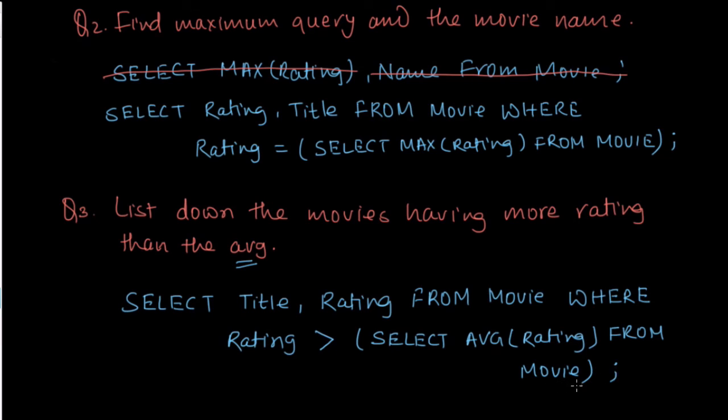The internal query will find the average of the rating, and then the outer query will compare the rating for each record and display only the records which have a rating greater than the average. Let's run it on the terminal and see.